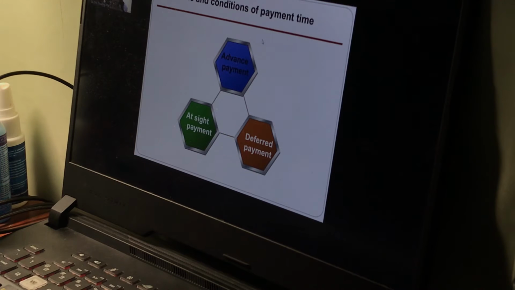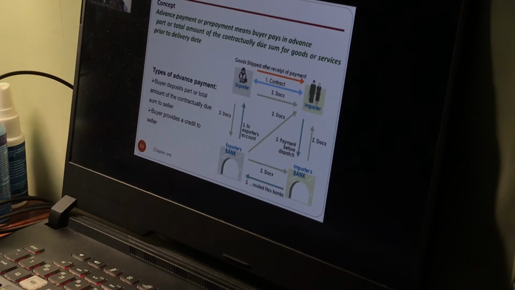Advance payment, or at sight payment, or deferred payment. Advance payment means that you make payment before delivery. For example, you sign a contract, and you and your partner agree that the goods will be delivered on 15th of May.